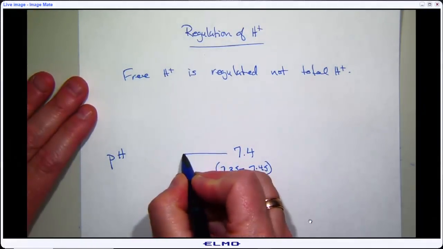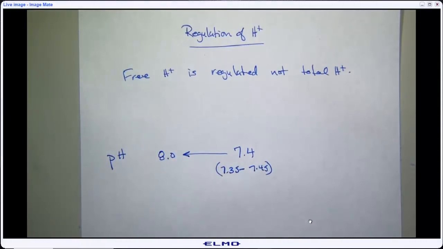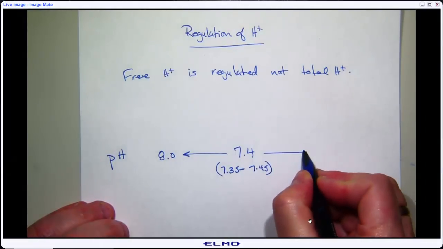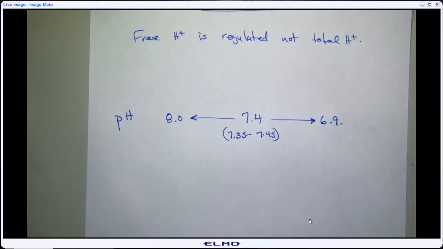If pH goes up to 8, okay, you will die. So death will result at a pH of 8. If you get yourself to a whole body pH of 6.9, we go down, you will also die. Okay, we cannot handle a very wide pH range.